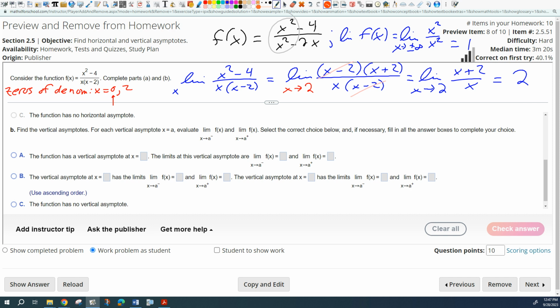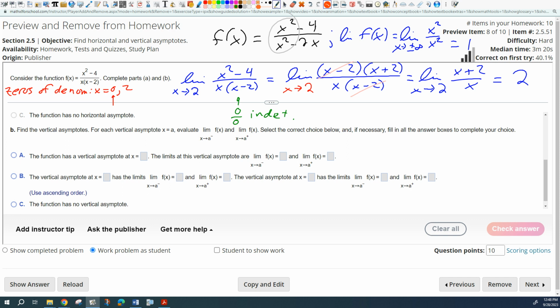When we initially took the limit as x approaches 2, we got the form 0 over 0, which is indeterminate, right? So we don't know. Either it could be a hole or it could be a vertical asymptote.